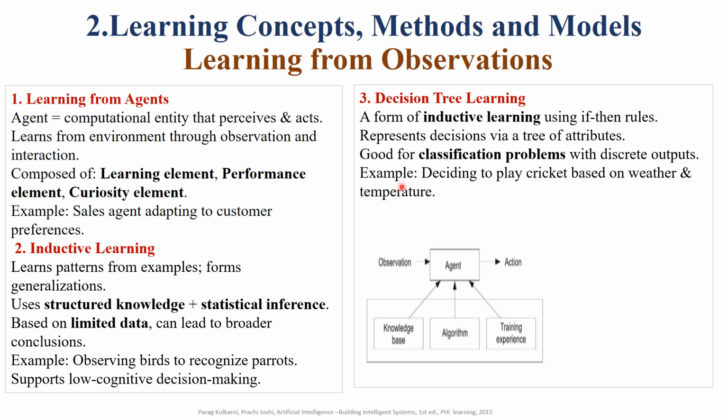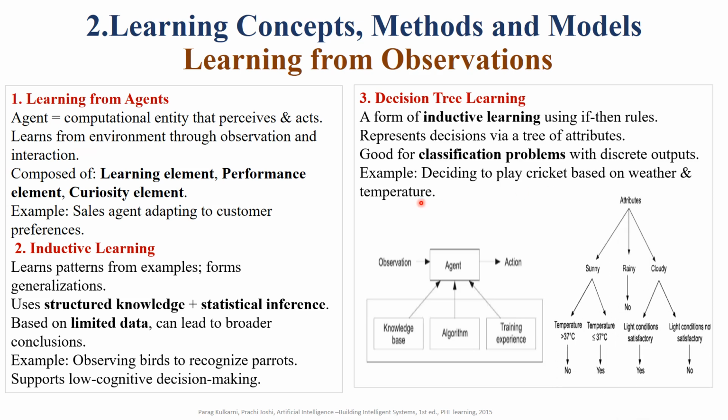Let us say, for example, we want to make a decision whether to play cricket based on the weather and temperature. So this is the decision tree. The attributes we can find, based on the conditions, say the weather and temperature: are we going to play cricket or not? So this is sunny and we are checking the temperature again.